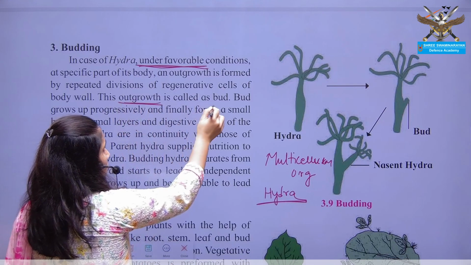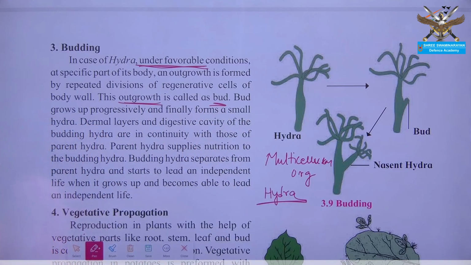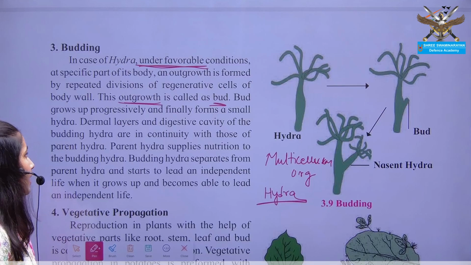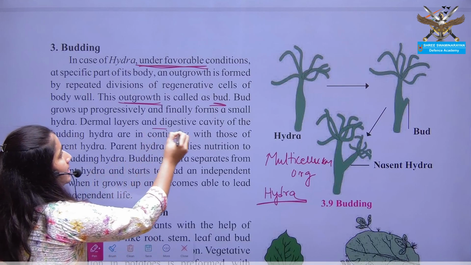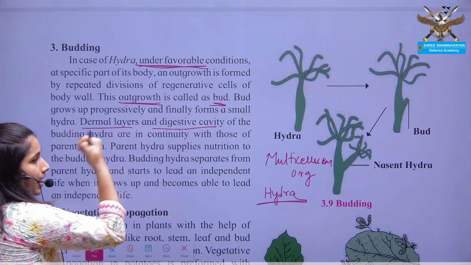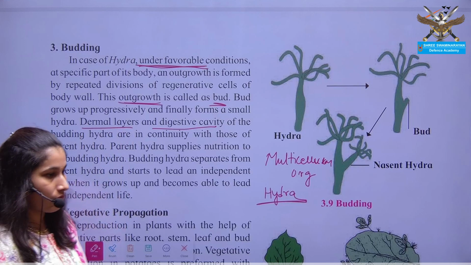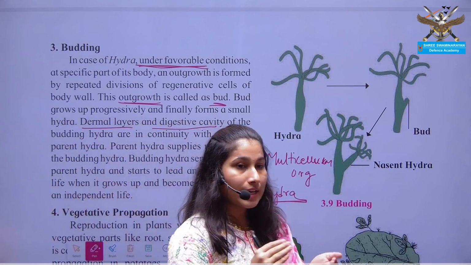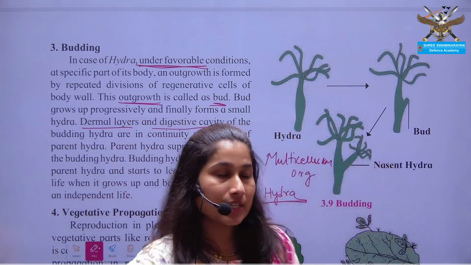This outgrowth is known as a bud, and this bud then progressively develops. What you can see is that the digestive system and the external skin, the epidermal layer, are continuous with this bud.